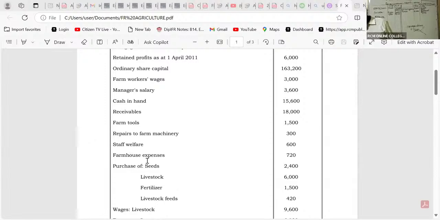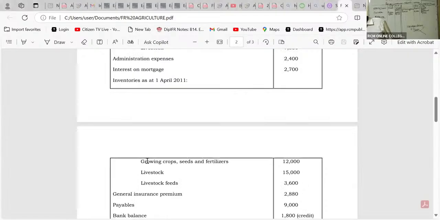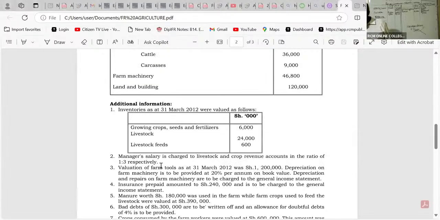In what criteria? They have told us very vividly. They have told us here, manager's salary is to be charged to the livestock and the crop revenue accounts in the ratio 1:3. So 1 is for livestock, 3 is for crop.